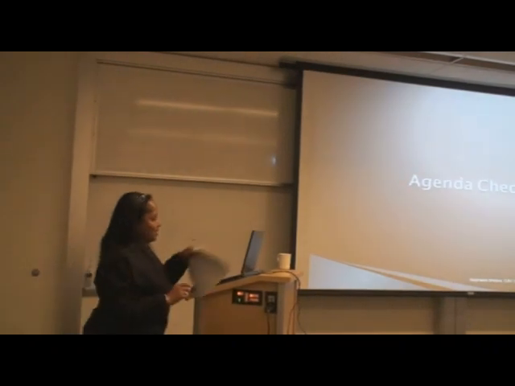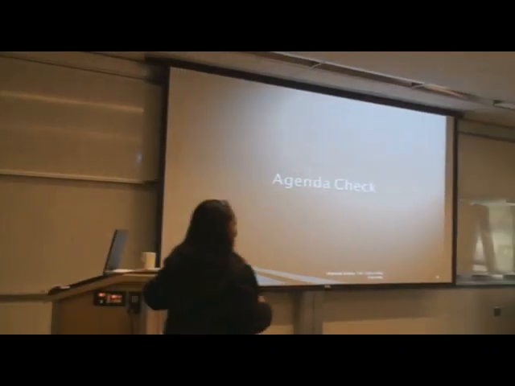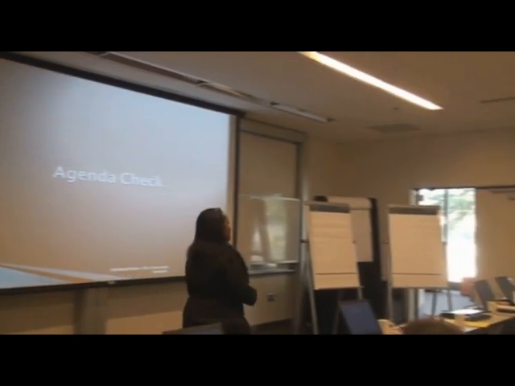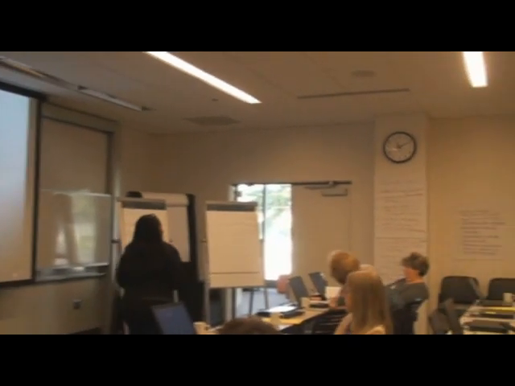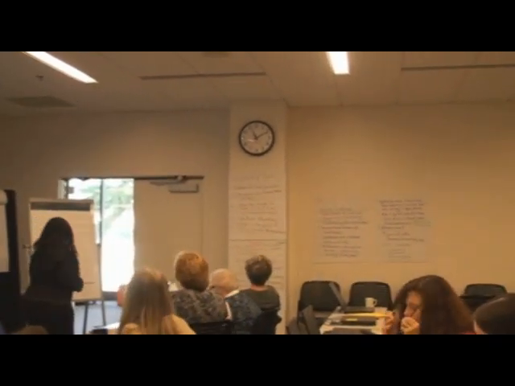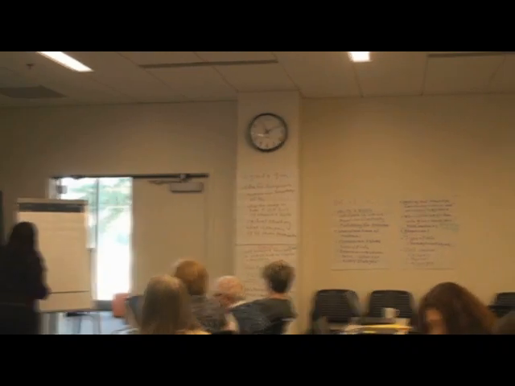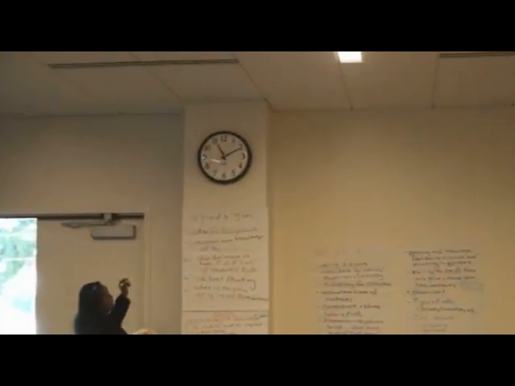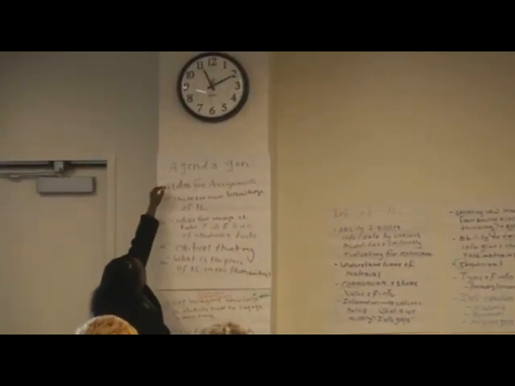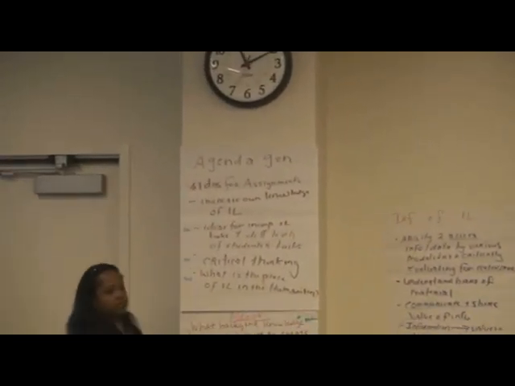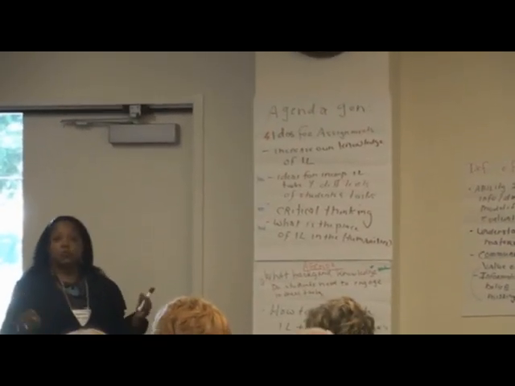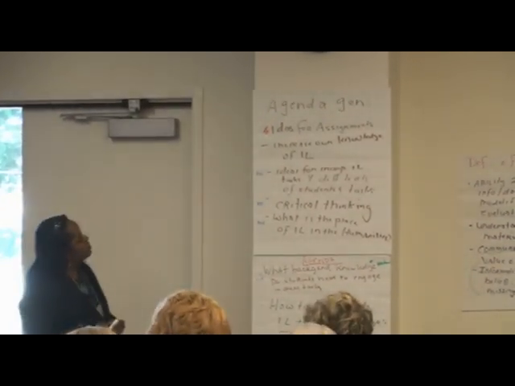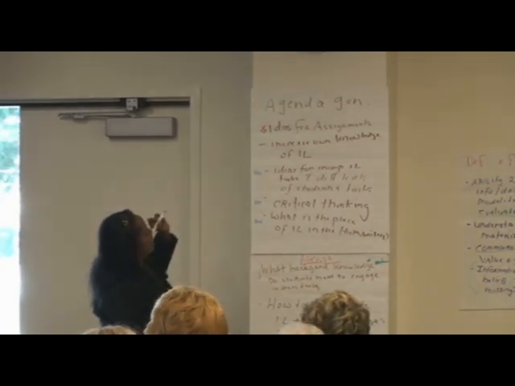All right. Let's take a look at our agenda and see where we are. We have partially looked at ideas for assignments, and that was brought out in terms of what we are already doing, and we'll keep delving into that.